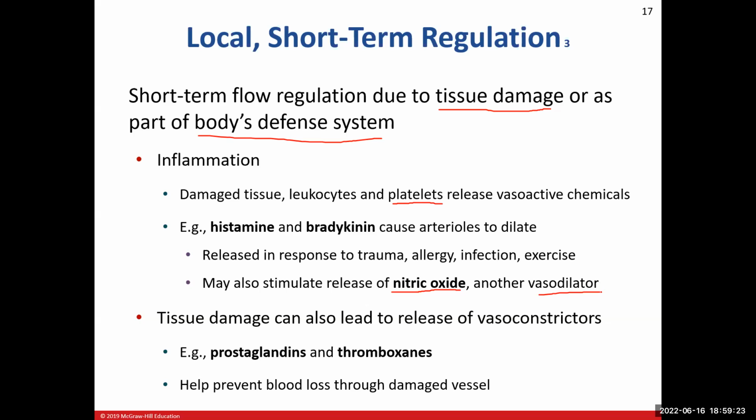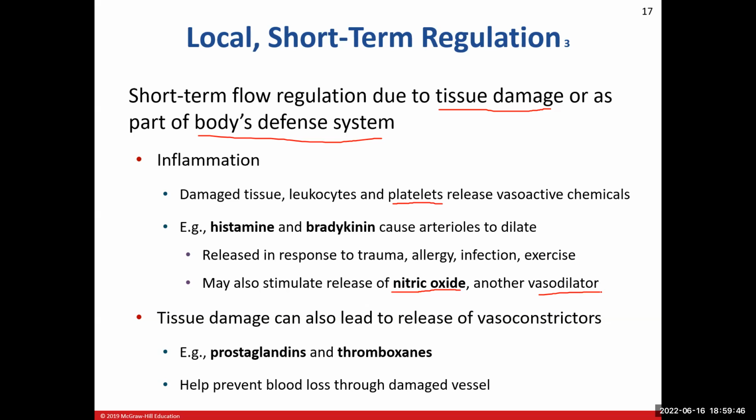Now also, depending on what we're dealing with in tissue damage, we can get the opposite. We can get vasoconstriction to occur. Certain chemicals are going to cause that. Prostaglandins are a great example. Prostaglandin E is a great vasoconstrictor. Some of our thromboxanes too. Prostaglandins and thromboxanes are what we call eicosanoids.